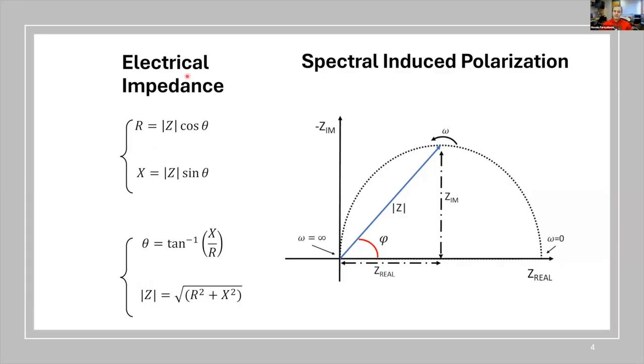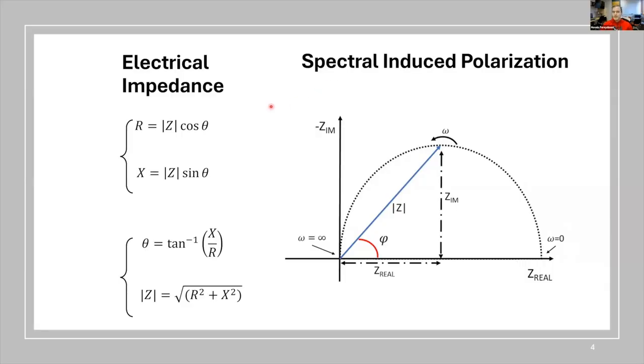By having the electrical impedance for one frequency, if we make a measurement through a spectrum of frequencies, from a frequency near zero to a frequency near infinity, then all of those together form a spectrum, which is defined as spectral induced polarization.